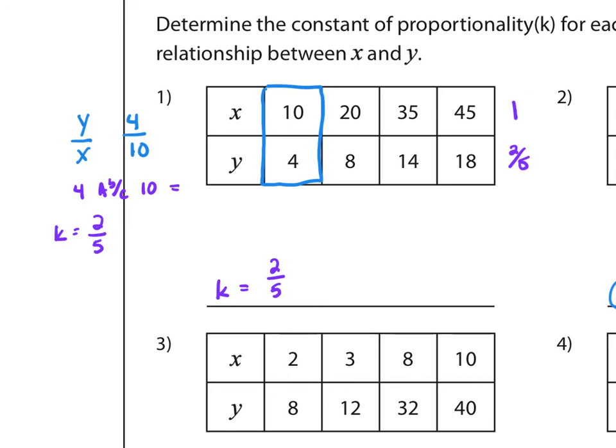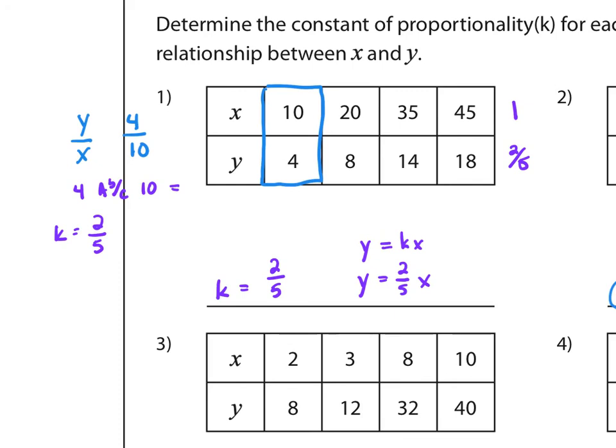Now they didn't label x and y, but it means 2/5 over 1. And once again, if you wanted to prove this is true, if I took 2/5 and divided by 1, I'd get back 2/5. So the equation, the relationship that this gives us using y equals kx, would be y equals, and where the k is, we're going to replace it with 2/5 x.